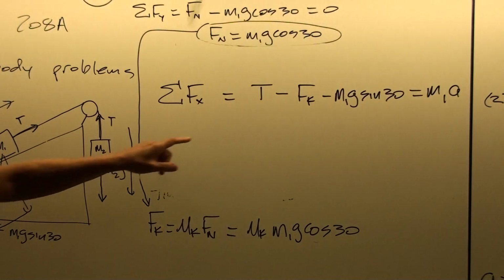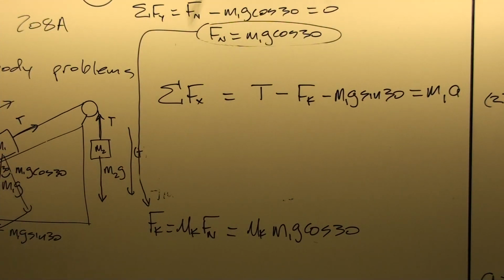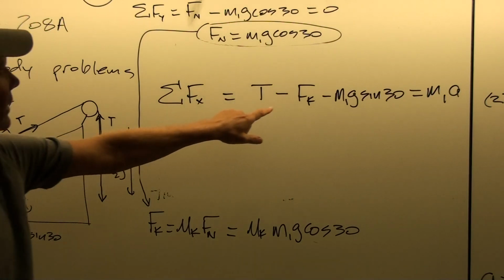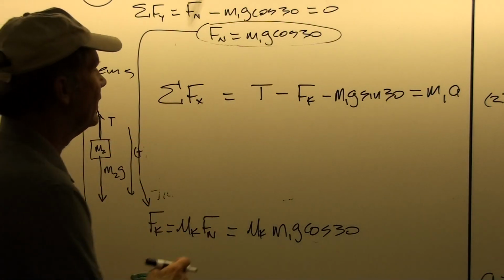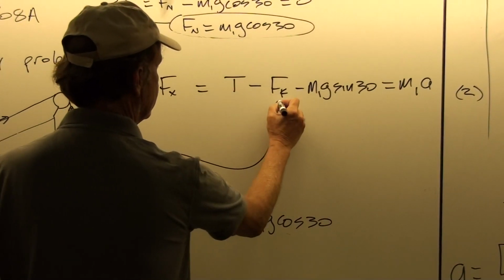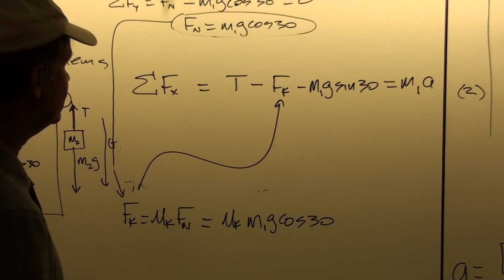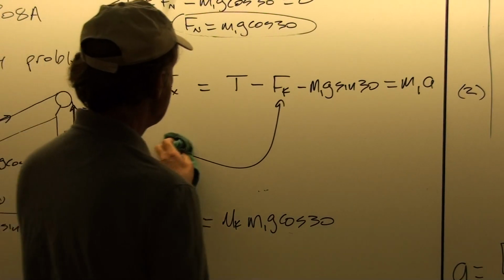Okay. So we have this extra force, and that force is opposing the motion, and so that goes in there, and then we can plug in that the force of kinetic friction from this expression is mu k m1g cosine 30.